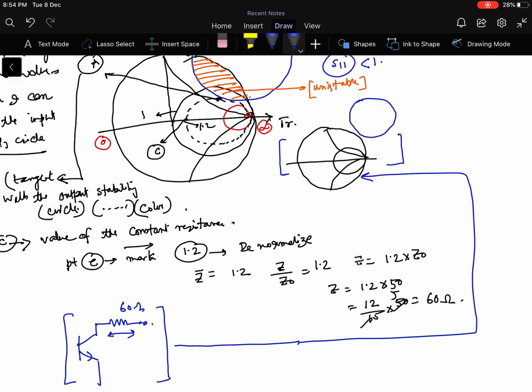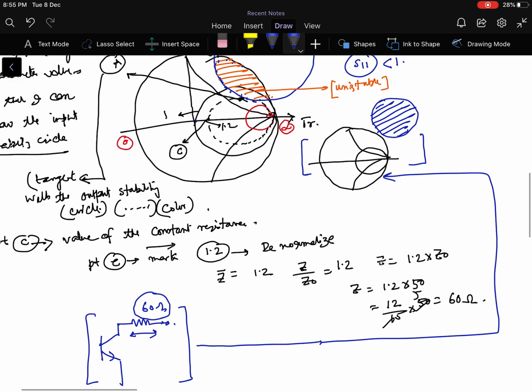This is the touch point, from this origin actually the highest touch point, and the moment you add an extra 60 ohm resistance, it pushes all the locus that was falling inside, pushing that circle outside the Z Smith chart. So this circle will be outside the Z Smith chart, and there will be no intersection between them, leading to an unconditionally stable case.